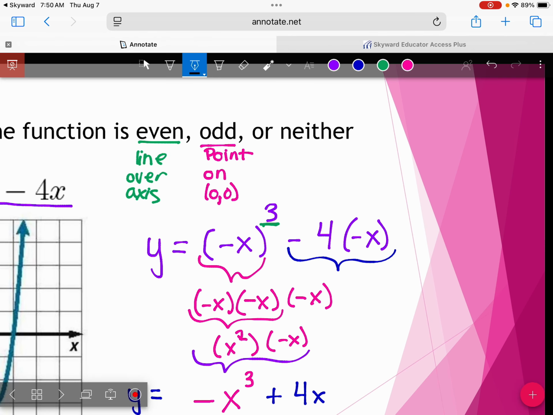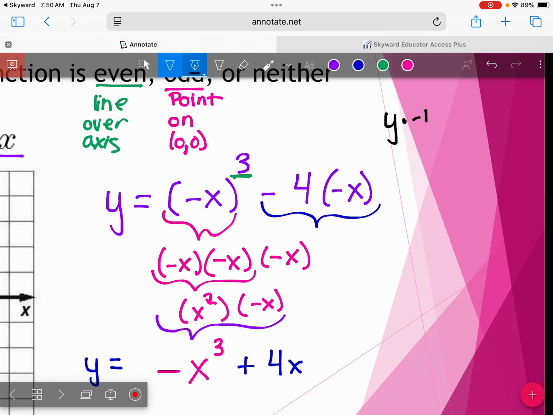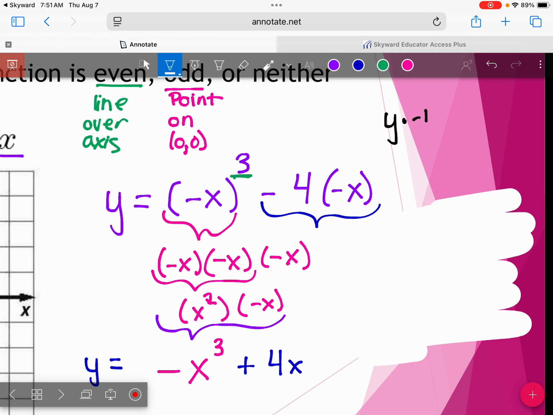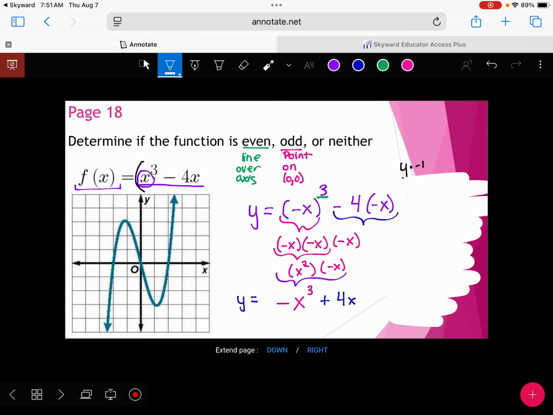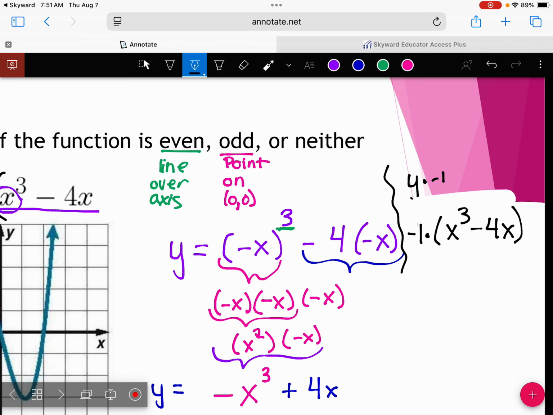So if I take y times minus 1, meaning I'm going to take this whole equation of y, our x cubed minus 4x, and multiply it by negative 1.